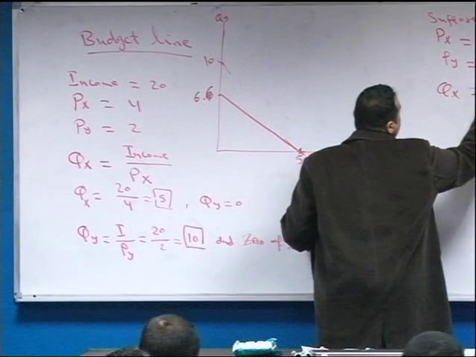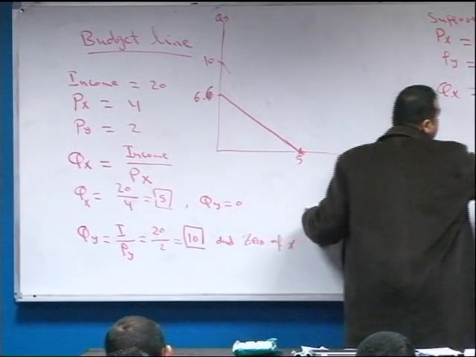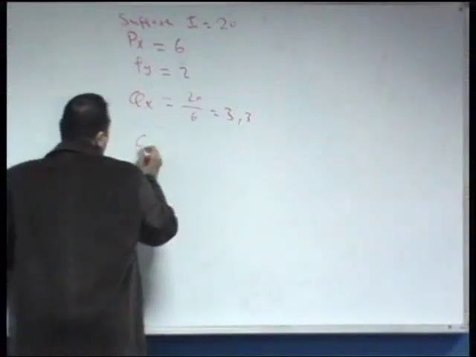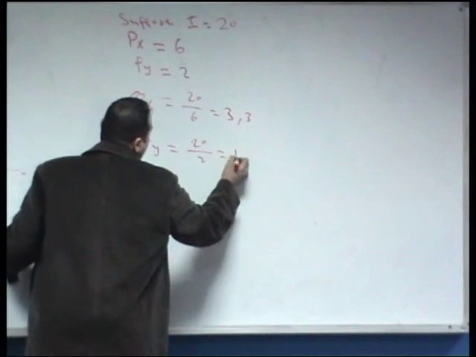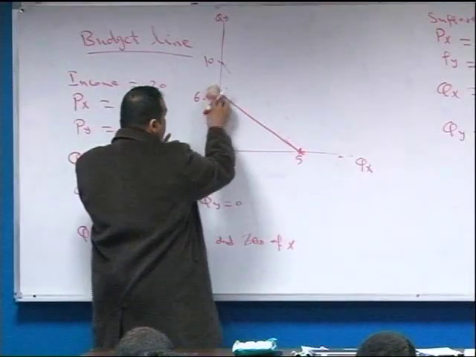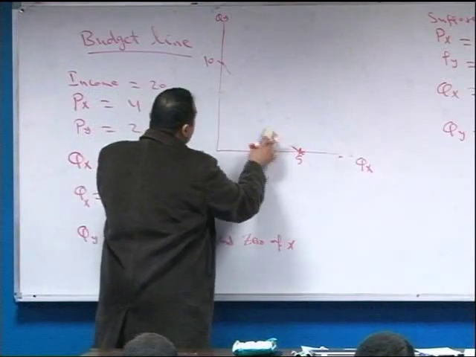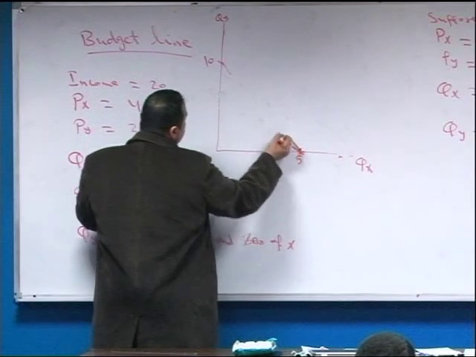Quantity of x equals 20 over 6. How much? 3.3. And the quantity of y would remain constant. 20 over 2 equals 10. Yes, this is the original equilibrium or the original budget line.